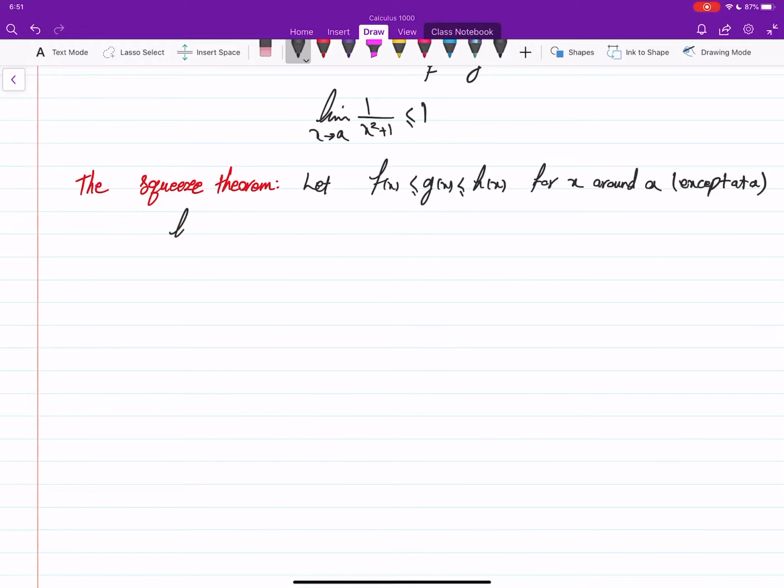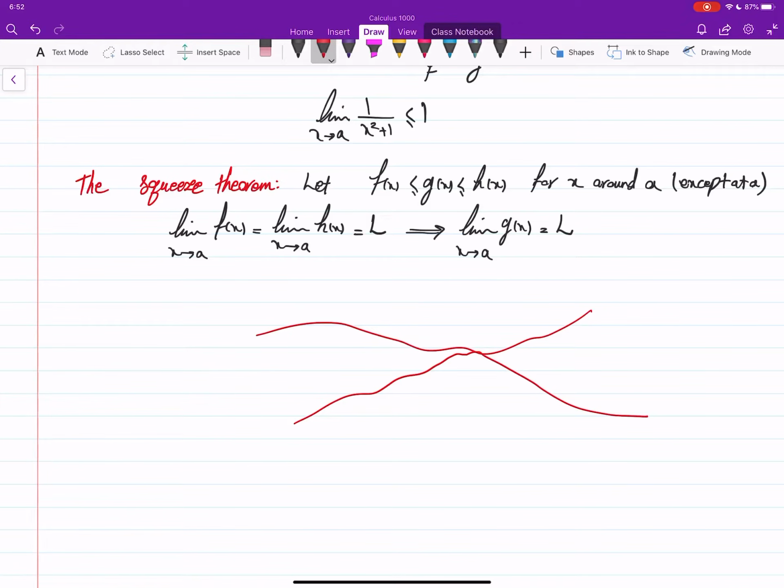Then if the limit of the lower function as x approaches a exists and is equal to the limit of the upper function as x approaches a, and these are the same number L, then you can conclude that the limit of the middle function as x approaches a exists and is equal to L. What it says here is that now you have three functions, f, g, and h, and f is less than g around that point a, and g is less than h, and so g lives between these two around that point a.